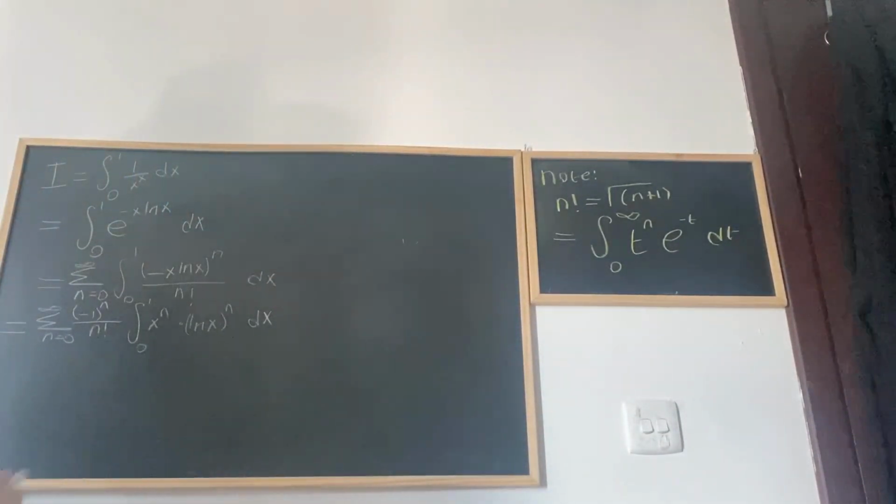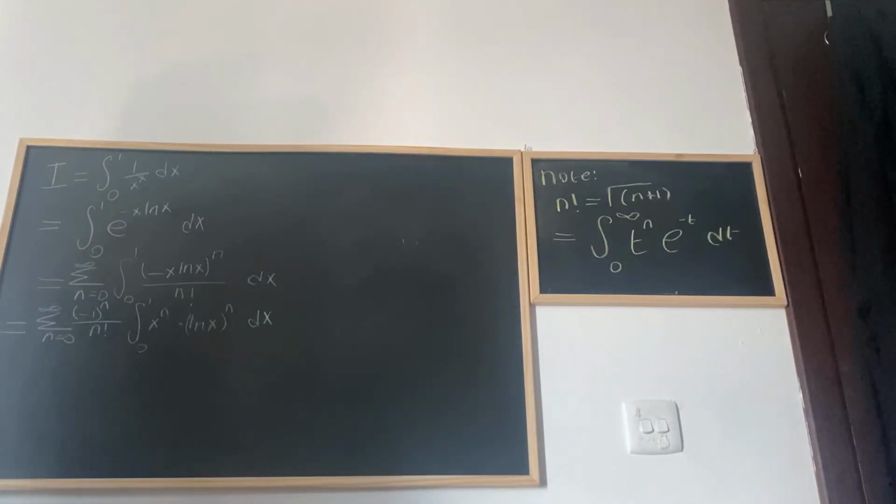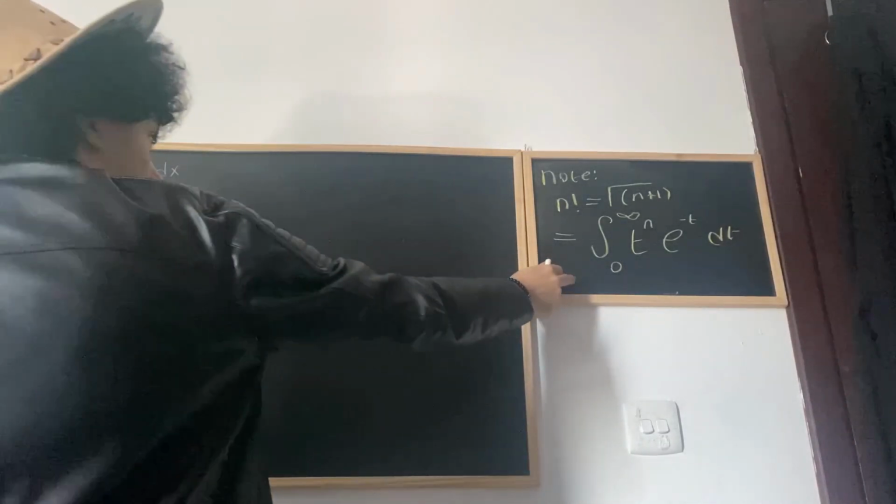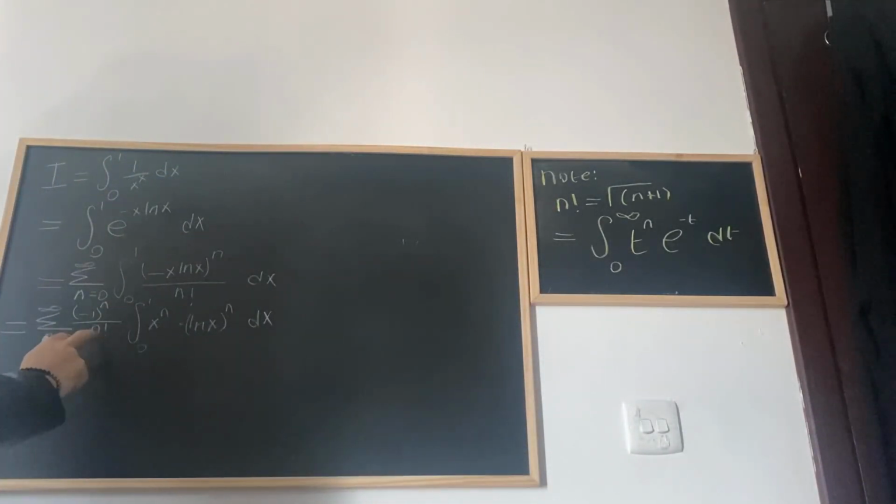I just said t. It could be x, u, y, whatever you want. So we want this integral to look like this, so we can equate it to n factorial, which will also get rid of this n factorial.